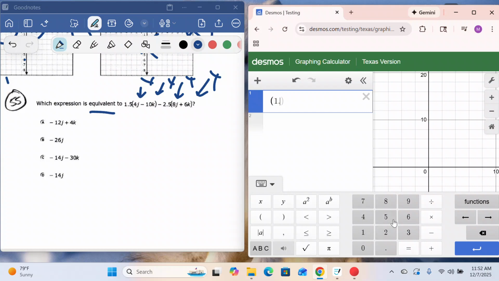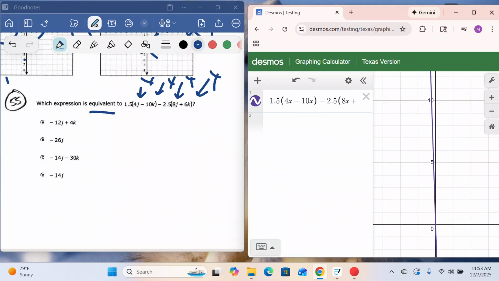method. So this will be 1.5, and I'm going to go ahead and go back because I need to delete. I would input it 1.5, open parentheses, 4x minus 10x, close parentheses, minus 2.5, open parentheses, 8x positive 6x, close parentheses.